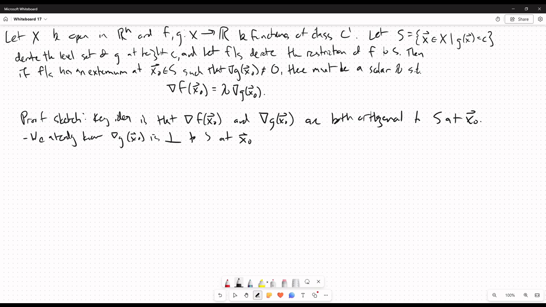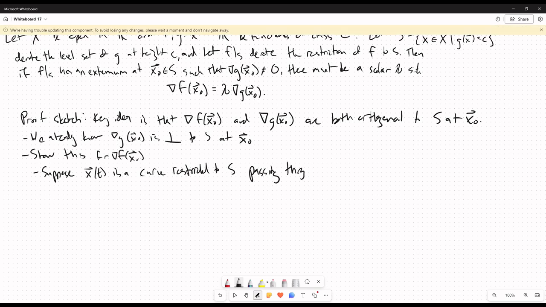So we just need to show this for the gradient of f at x naught. And to do that, we're going to suppose x of t is a curve in S, so restricted to S, passing through x naught at t naught.